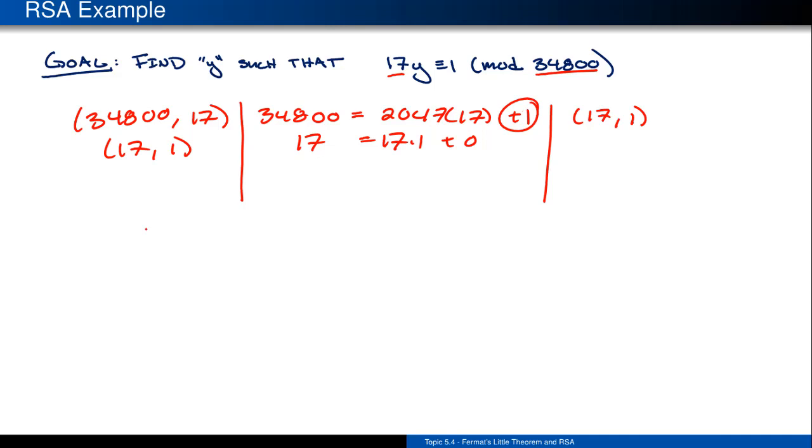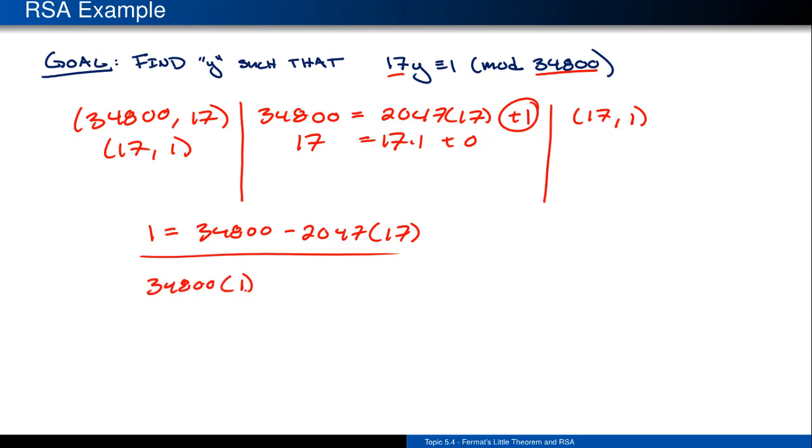More importantly, what I see is that 1 is going to equal 34,800 minus 2,047 times 17. If I really wanted to, I could view this as 34,800 times 1 plus 17 times negative 2,047 is 1.